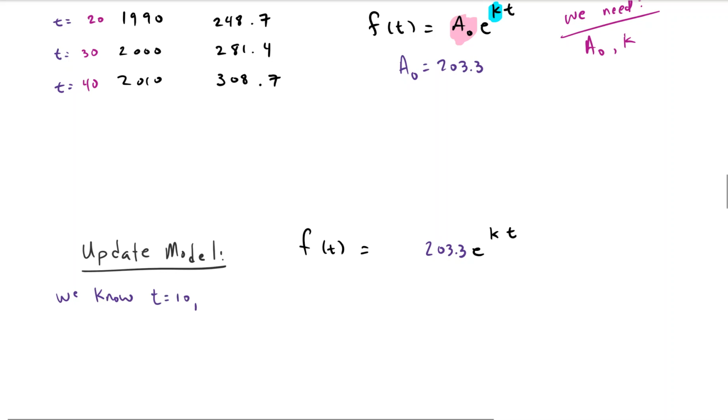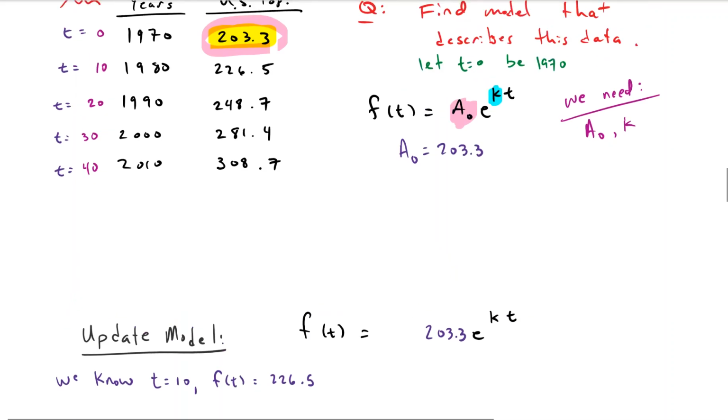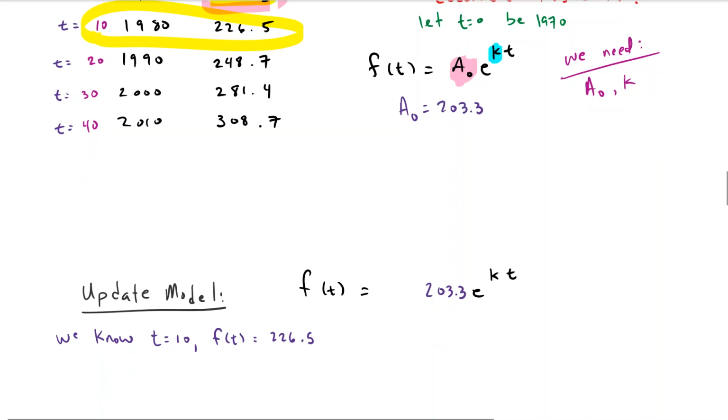At t equals 10, what is the population? The population is 226.5. We just read that off of here. I guess I should circle the 10. So we know that 10 years after 1970, the US population is about 226.5 million.